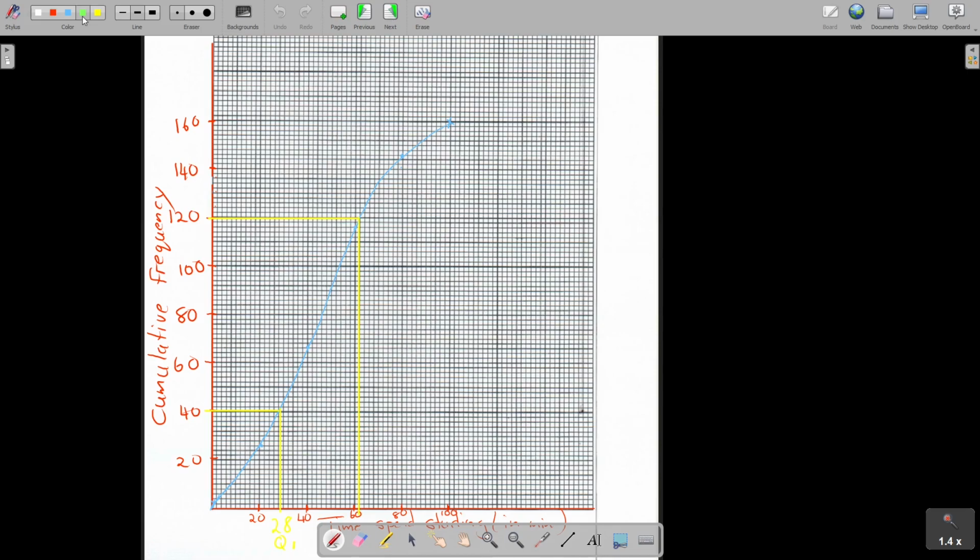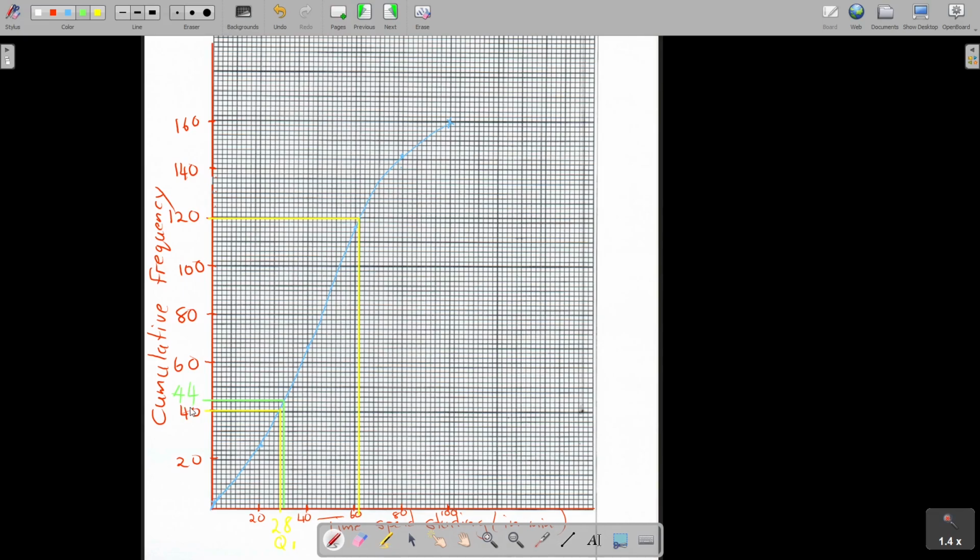Where is my 30 minutes? I think it's going to be here. So it's up, up, up, where it intersects. Now it's from the horizontal to the vertical. That looks correct. Looks like 40.